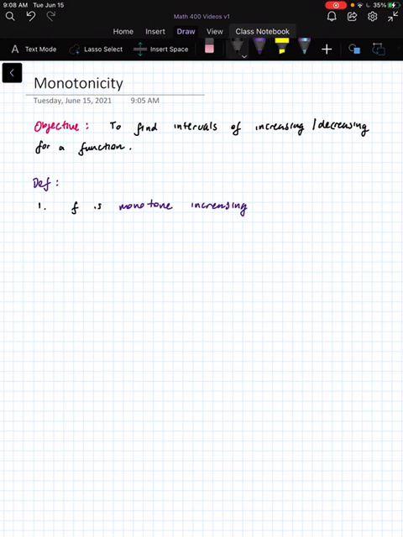We'll stop saying monotone. On an interval (a, b), if for all x sub 1 less than x sub 2, so two numbers in that interval where the first one is smaller than the other one, then we have that the corresponding y values are also ordered in that sense.